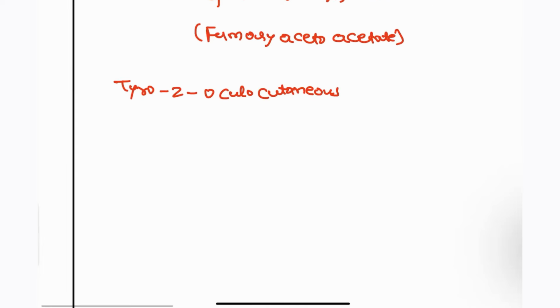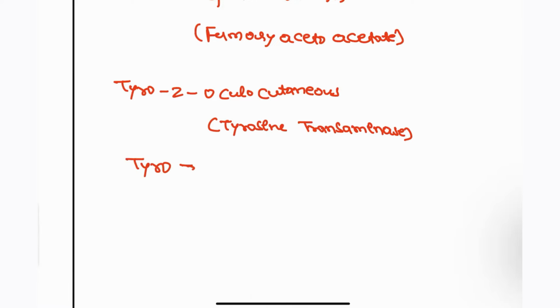What is the enzyme that is deficient here? The name itself tells: tyrosine transaminase is deficient. Next, tyrosinemia type 3: 4-HPPD dioxygenase deficiency, seen especially in the neonatal type. These are some of the types of inborn errors that you have to remember.